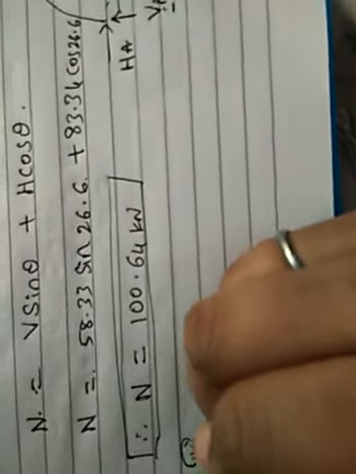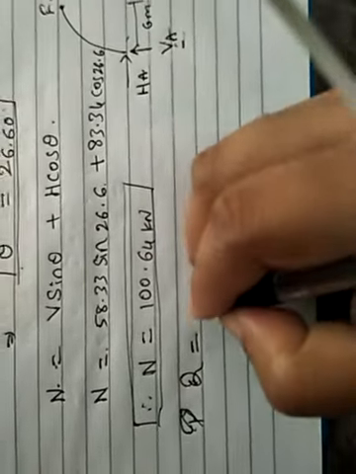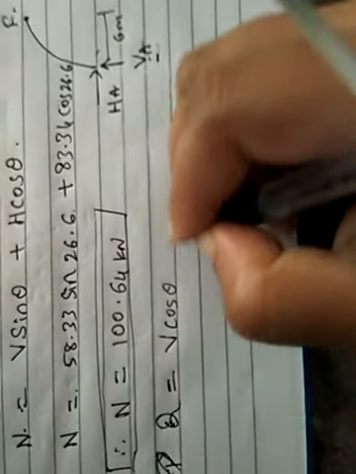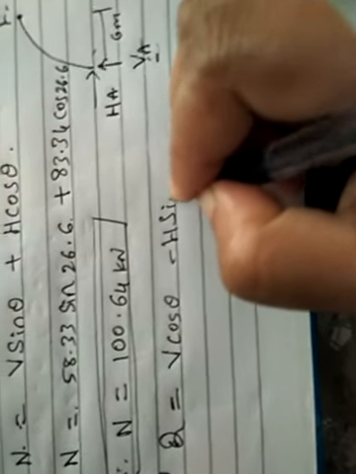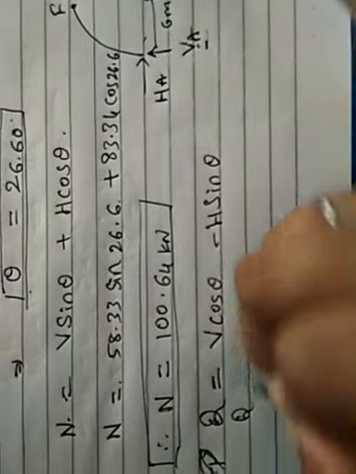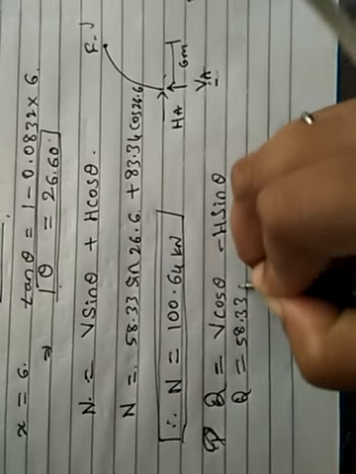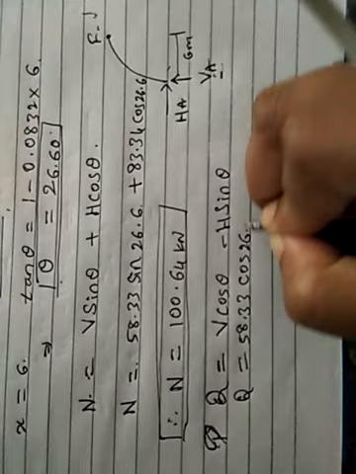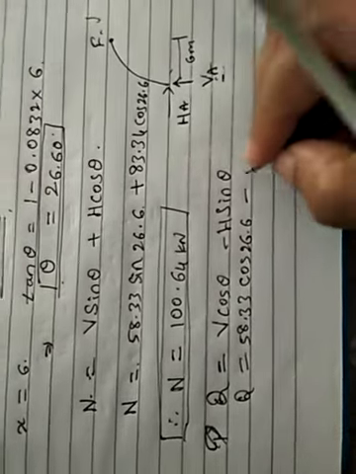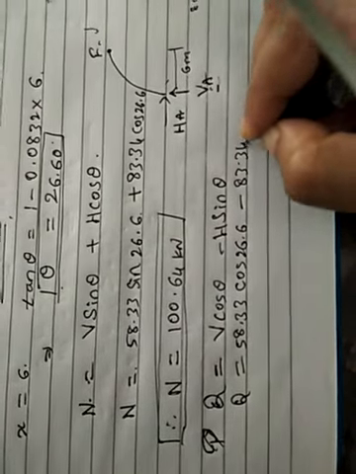In the same way we have a formula for radial shear which is given by Q, which is equal to V cos theta minus H sin theta. So substitute for that. We already know what is V cos and all. Just substitute for that. You get an answer for radial shear.